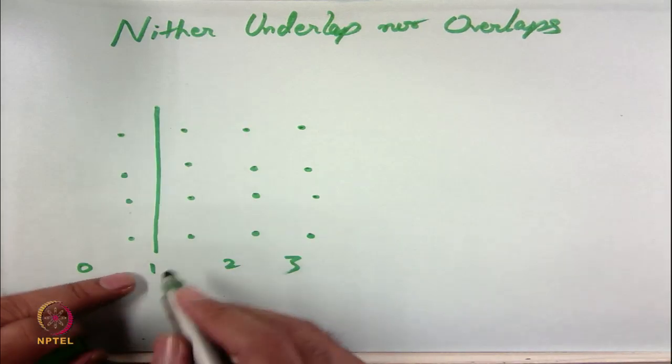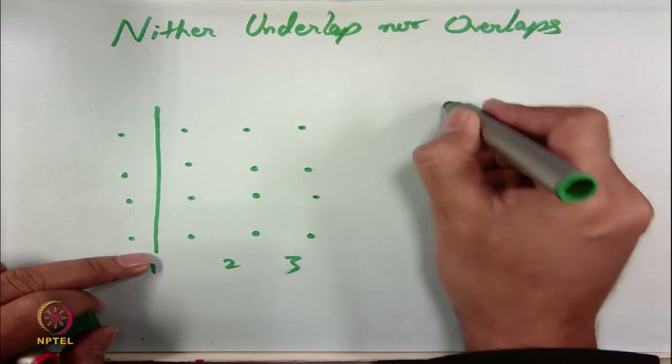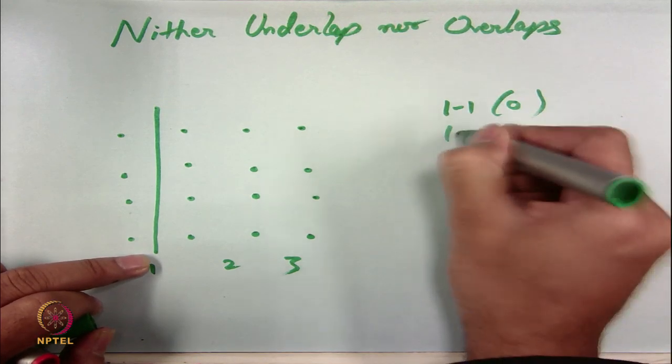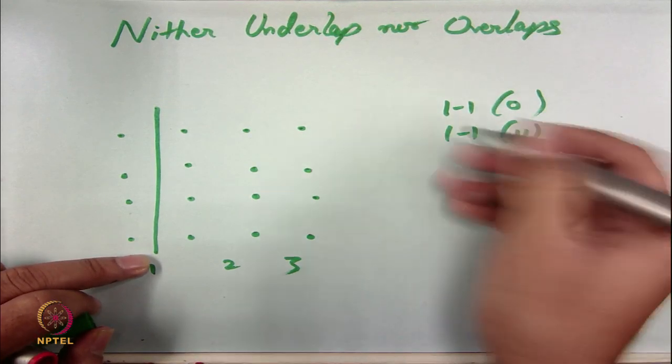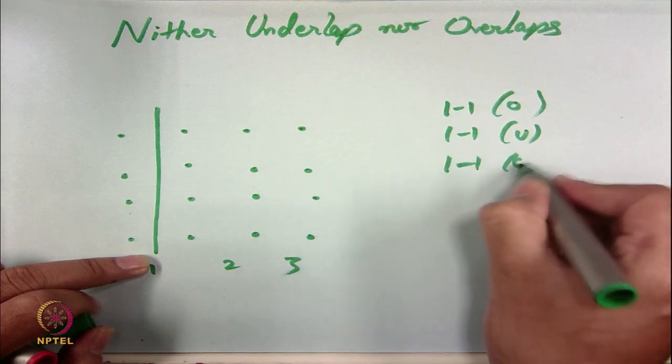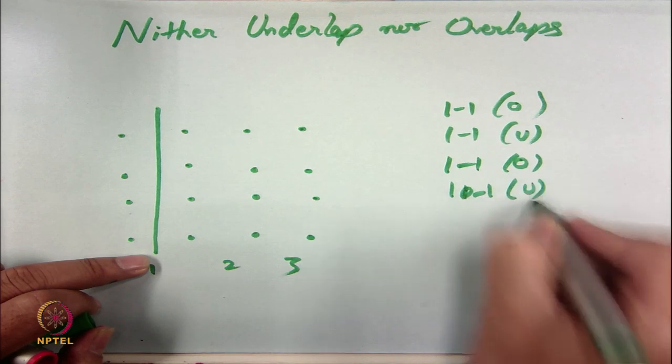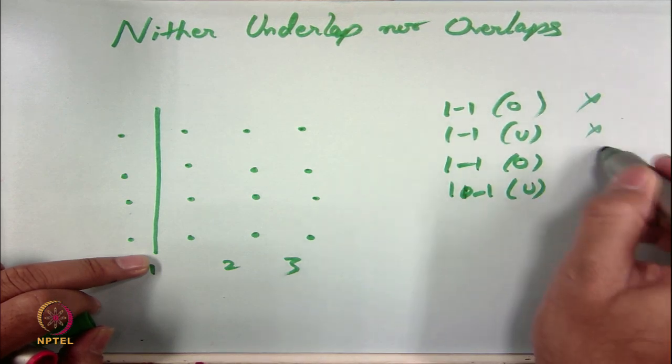So, if you see here, we have 1 to 1 is overlap, 1 to 1 is underlap, 1 to 1 is overlap, again 1 to 1 is underlap. So, there is no movement at all.